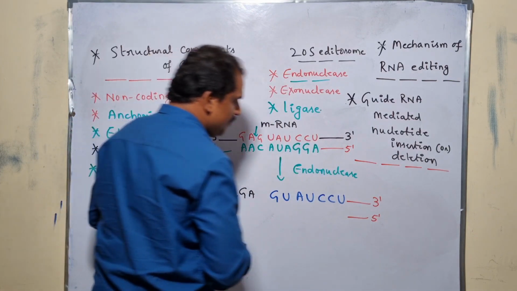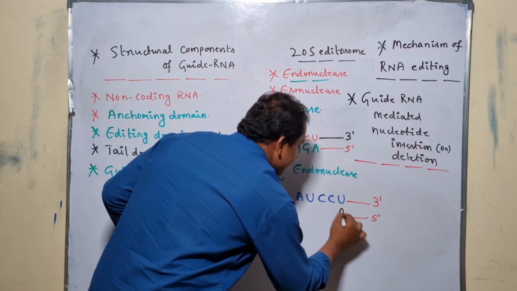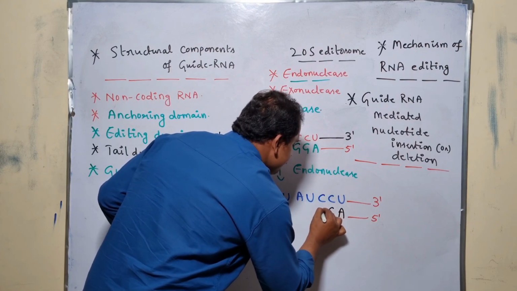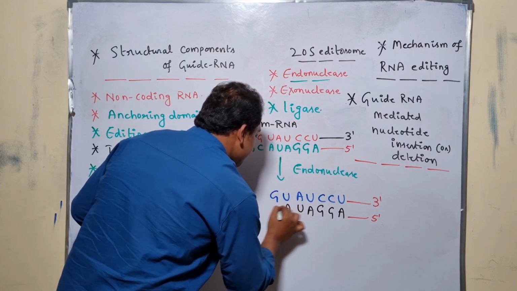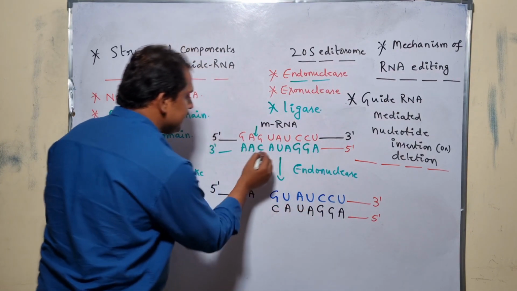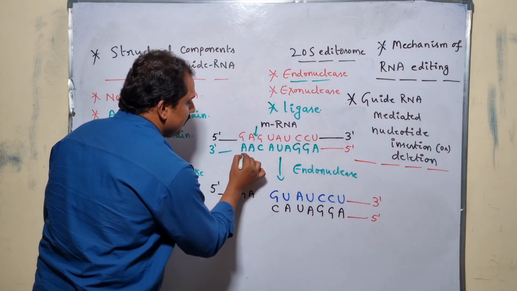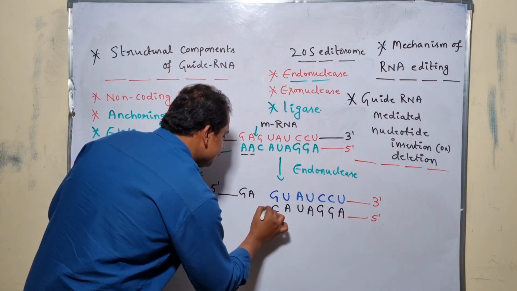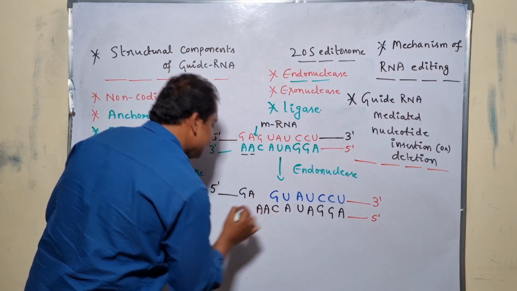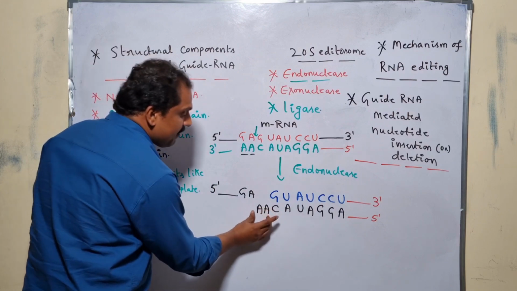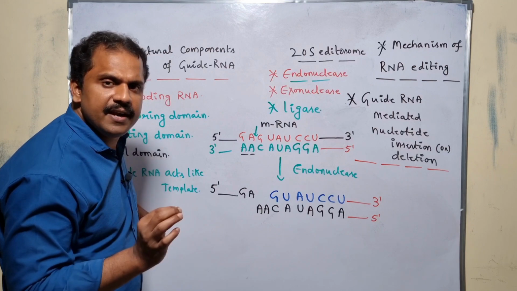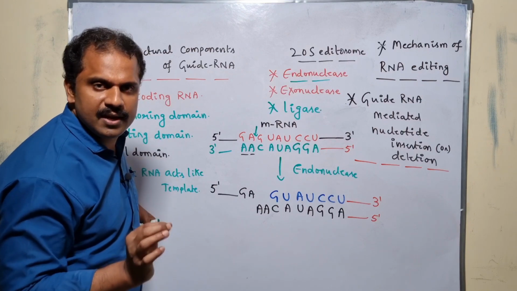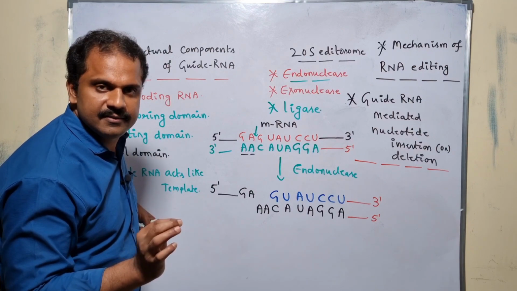The complementarity of U is A, C is G, G, A, U, A, C. And here there is an availability of A and A, right? So here, once there is an availability of A and A in case of guide RNA, the complementarity of adenine is nothing but what? Uracil or the uridine. Is it clear?